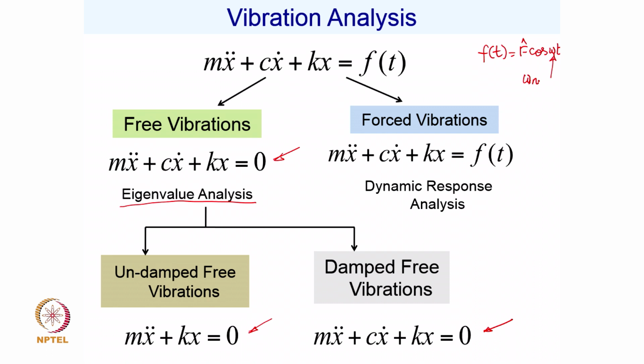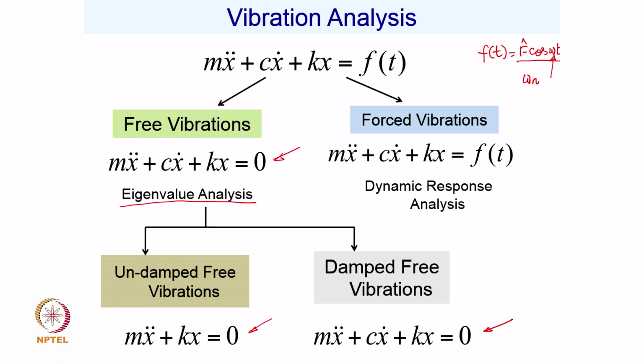So, when you want to ensure no resonance takes place, the first prerequisite is to understand your system from the point of view of its natural frequency, and therefore, the eigenvalue analysis gives you an idea of all the natural frequencies the system can have, and that will help us to modify the parameters, or if possible ensure that the excitation function is away from that particular natural frequency.